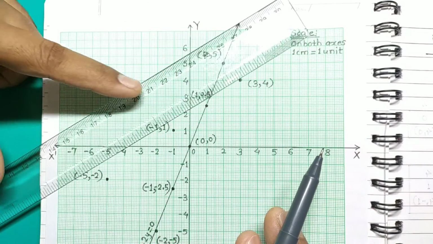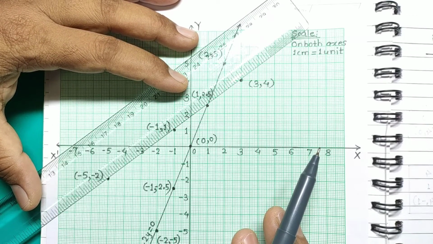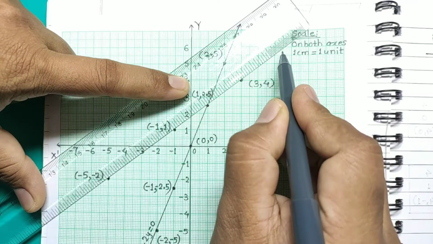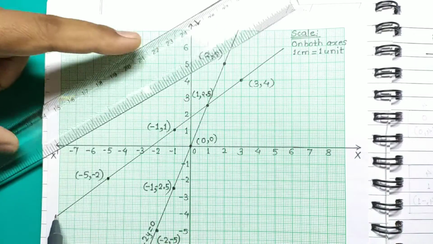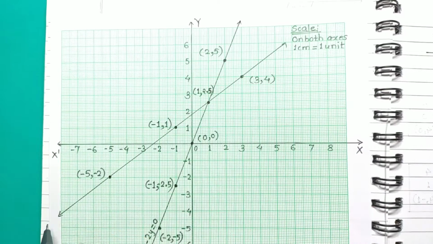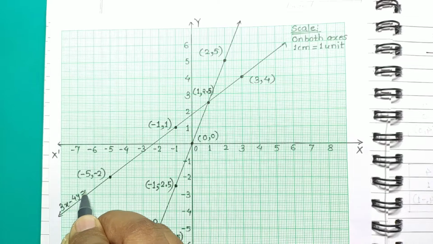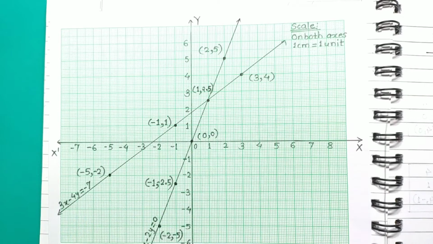So let's draw a line passing through these points. So this is the first line. Then you write down the equation of this line. So this is 3x minus 4y is equal to minus 7.